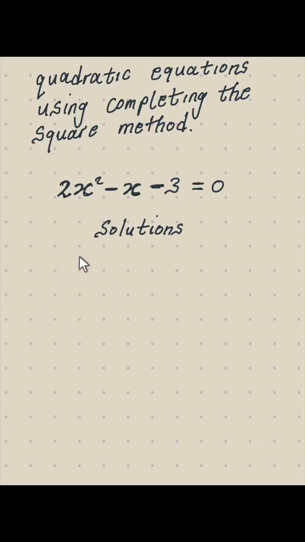So let's do that on this quadratic equation. What are we going to do? We have 2x squared minus x minus 3 is equal to 0.